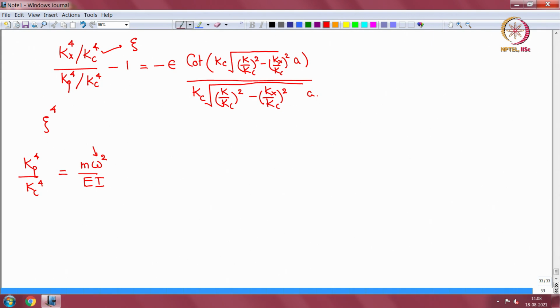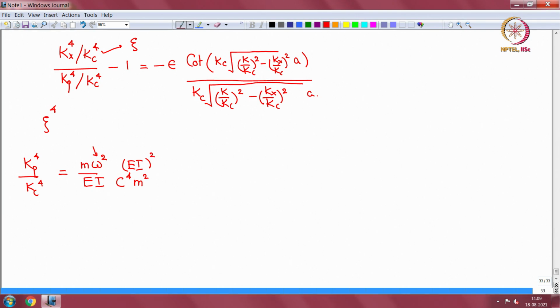And then what is kc to the power fourth in the denominator? It is omega squared over c to the power fourth, m squared by EI squared. You can check the previous page.